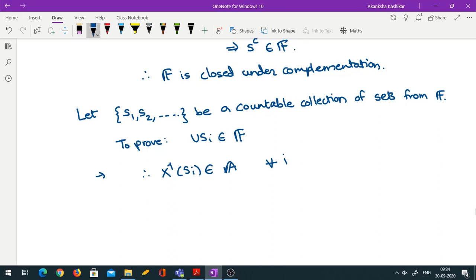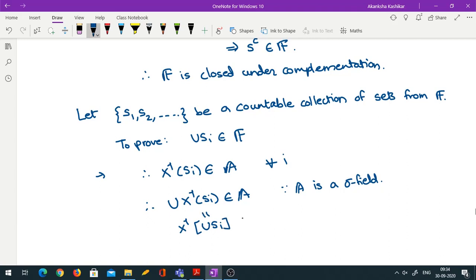Okay. Therefore the union of X inverse of Si is also in script A, since script A is a sigma field. So it is closed under countable union. And we have again proved this yesterday, that the union of X inverse Si is nothing but X inverse of the union of Si.